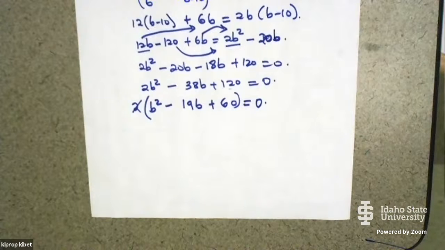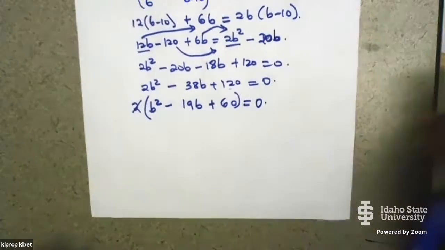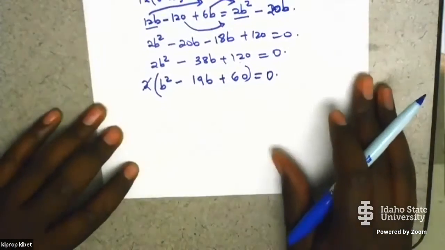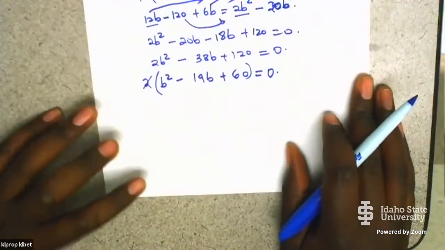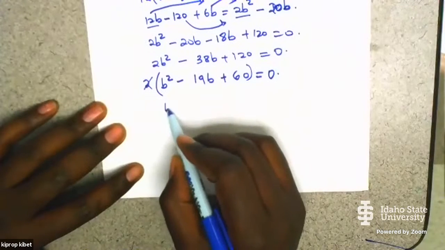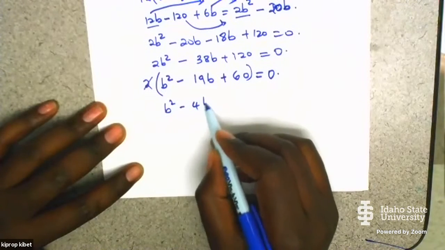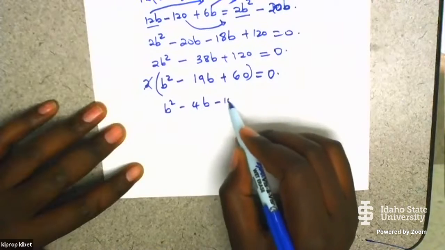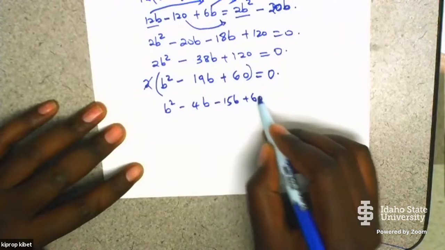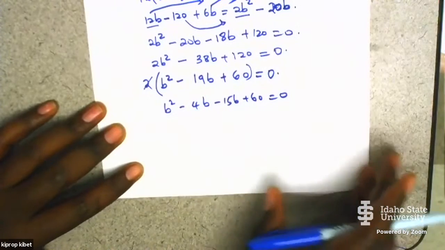So what are the 2 numbers? 15 and 4. Which one is negative? Both of them, right? So B squared minus 4B minus 15B plus 60 equals 0.